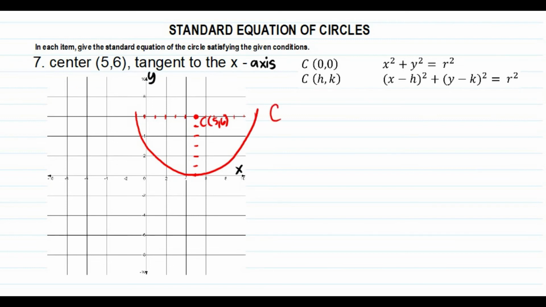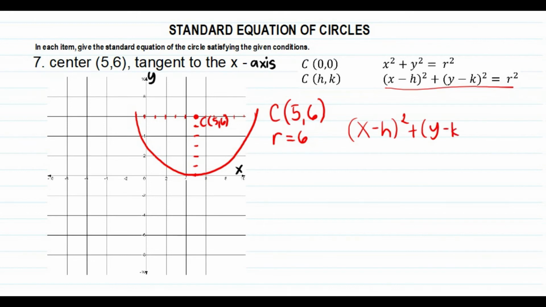So, write the details. Center is at 5, 6. Radius, ang binilang natin, 1, 2, 3, 4, 5, 6 equals 6. And then, syempre, not located at the origin. Write the given. Kung nadadalian na kayo, pwede na kayong mag-skip ng ibang steps. Okay? Like this one: (x minus 5) squared plus (y minus 6) squared equals 36.